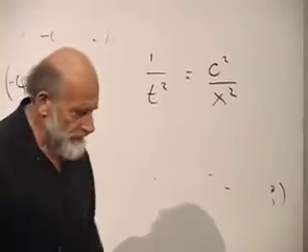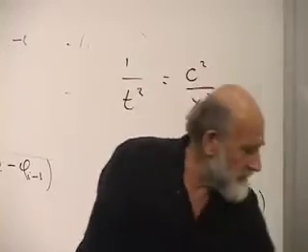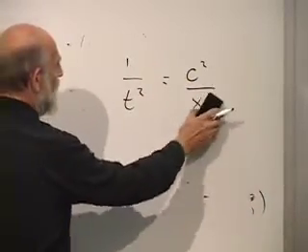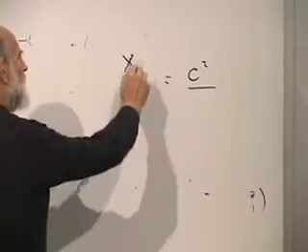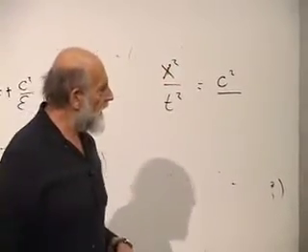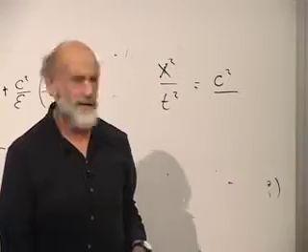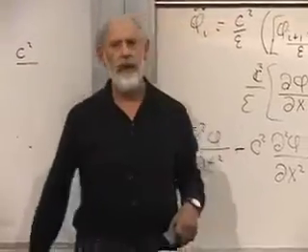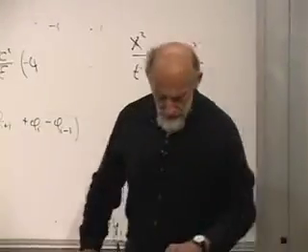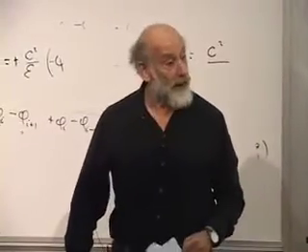So it appears that whatever c is, it has dimensions of x over t. I think that's velocity, isn't it? I think I got it right. So c is the velocity of propagation of the waves up and down this string.